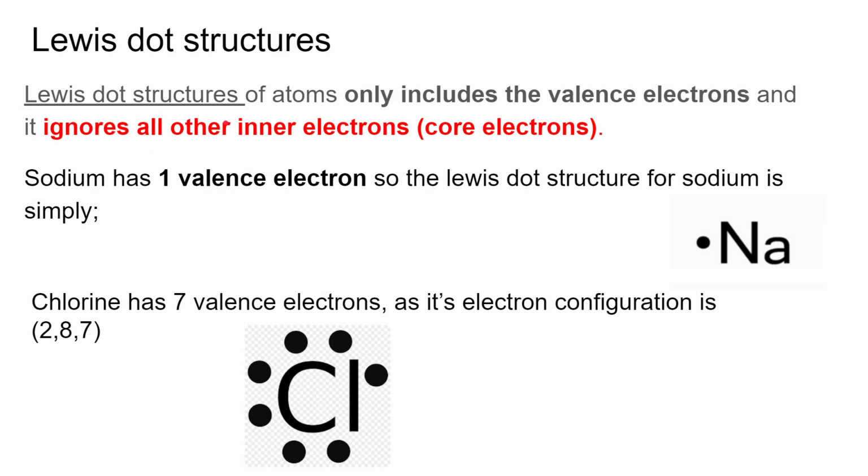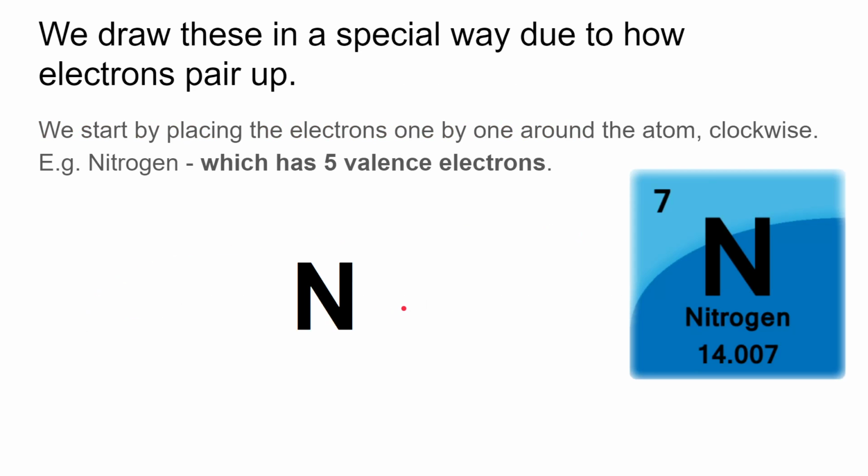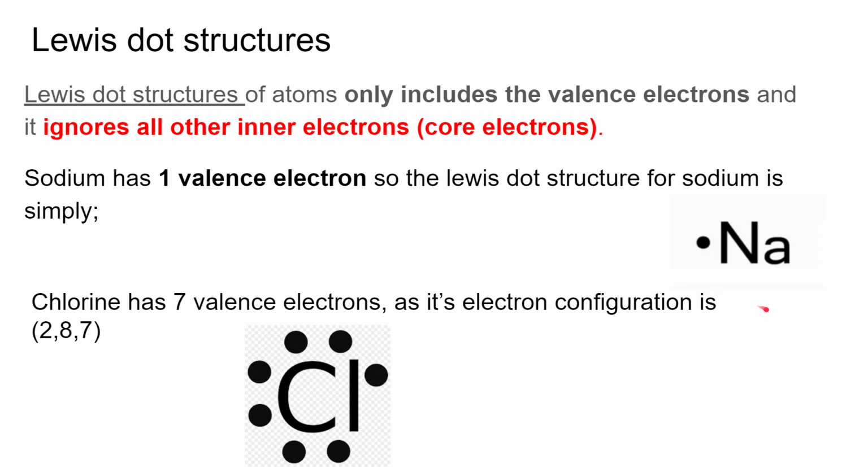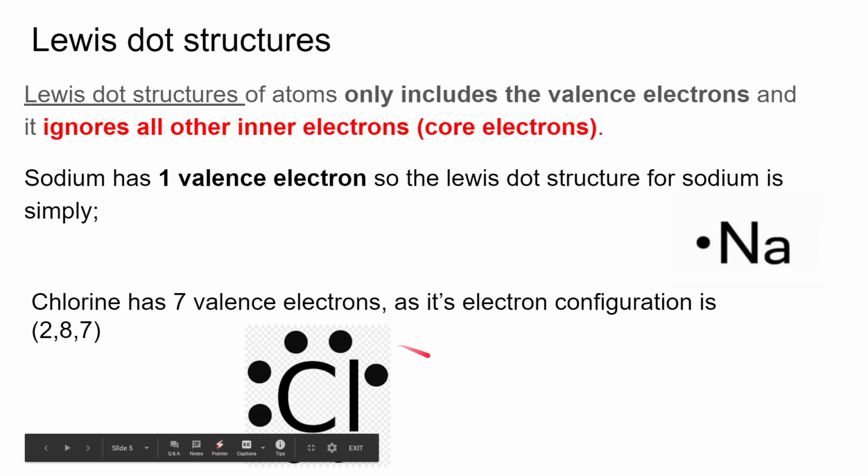Lewis dot structures of an atom only include the valence electrons, and ignore all the core electrons. Sodium has 1 valence electron, so the Lewis dot structure for sodium is this, Na dot. We're ignoring all the inner electrons and just focusing on the outer electron. Chlorine has 7 valence electrons, and its electron configuration is 2, 8, 7, which adds up to 17, because chlorine is element number 17.